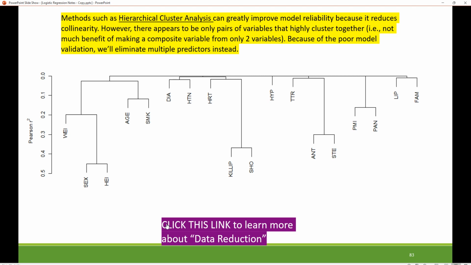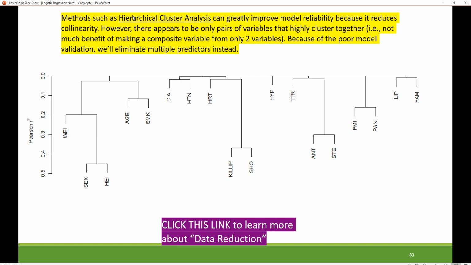Then instead of using 5 or 6 separate variables, we can combine them, and those 5 or 6 variables would represent one variable. That would give you a lot more flexibility in running these models, especially if those predictors are similar and tapping into the same features.